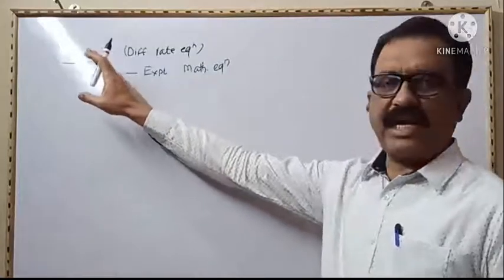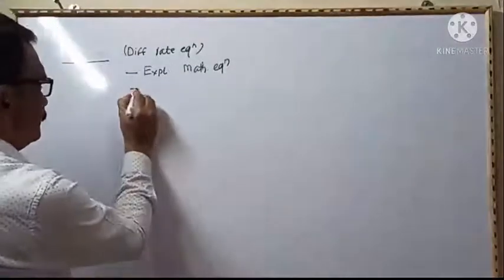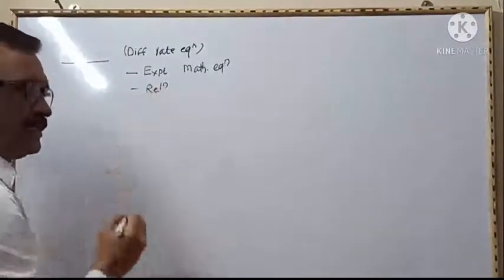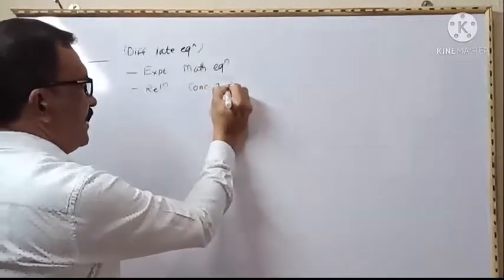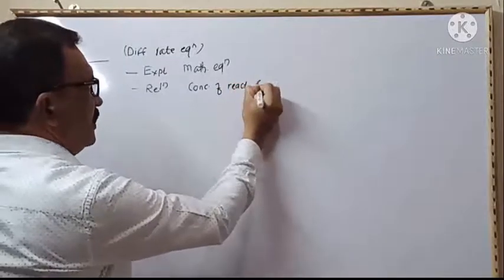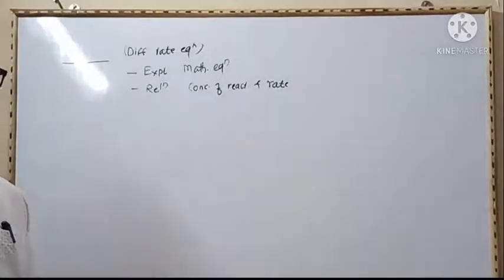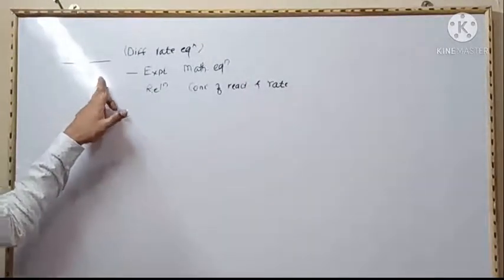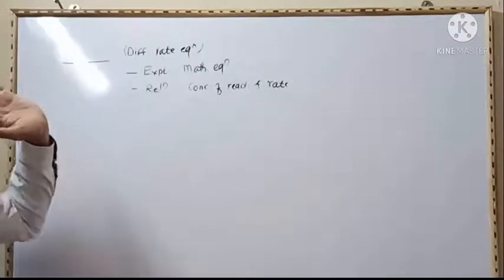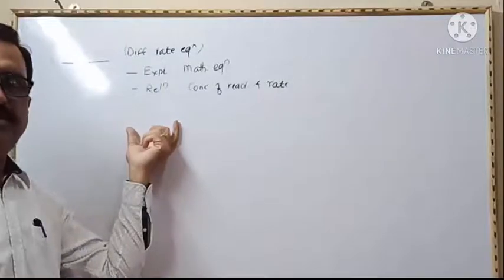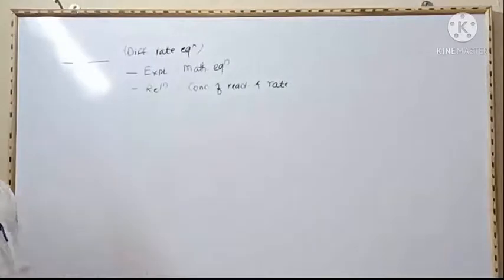Hence, this rate law gives a relationship between the concentration of reactants and the rate of a given chemical reaction. It is an experimentally determined mathematical equation which gives information about the rate of reaction and the concentration of a reacting species.